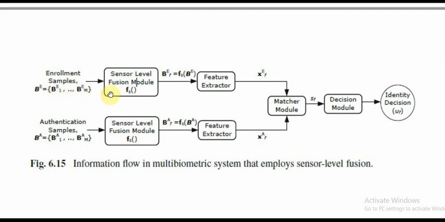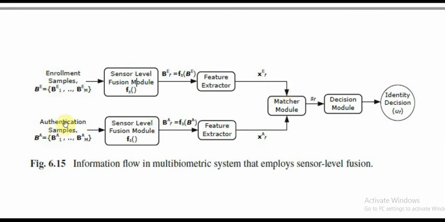We give them to the sensor level fusion module, and all of these samples are given to the function f, the sensor level fusion, and it gives us a fused version of these samples. Then we give it to the feature extractor and receive one feature vector, and we save it in an enrollment database.